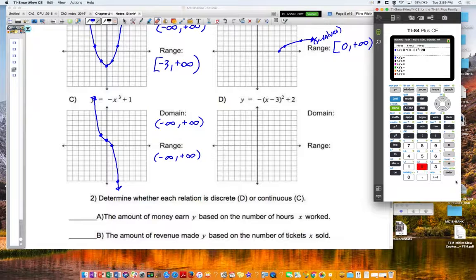So I know it's a quantity squared, so I know it's going to be a parabola. And some of the things that you might remember from other classes on transformations: this moves it up 2, this moves it to the right 3, this causes it to open down. Go ahead and hit graph there.